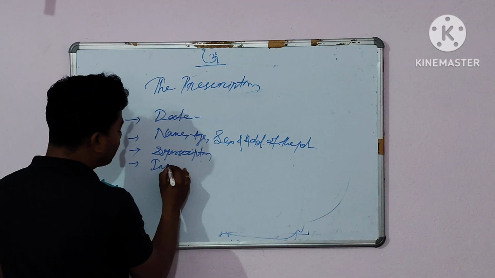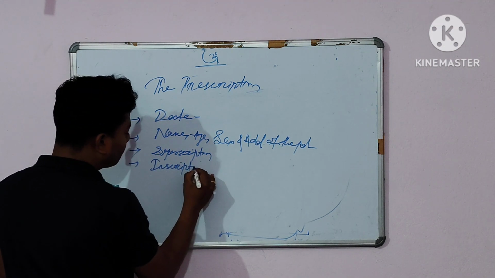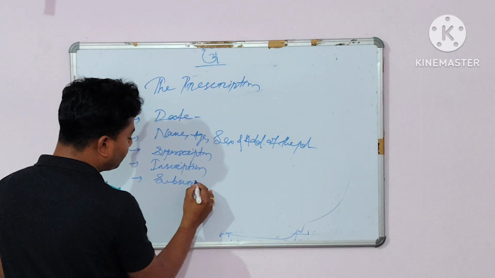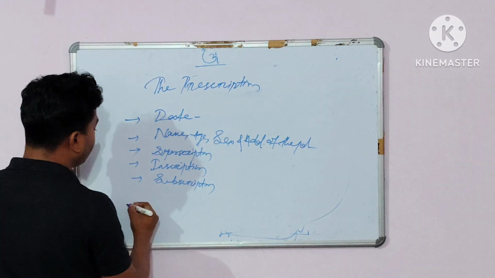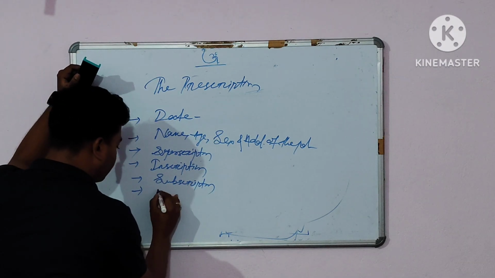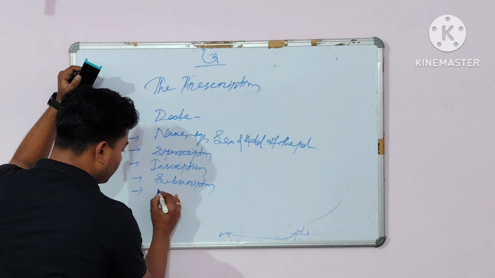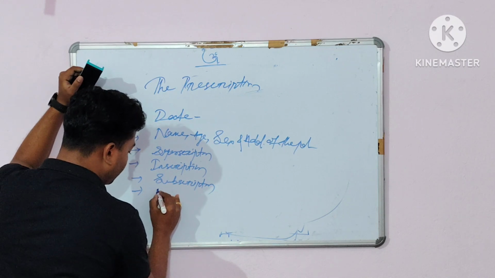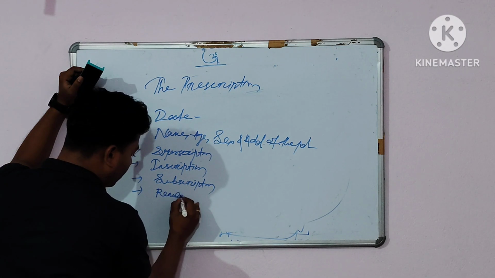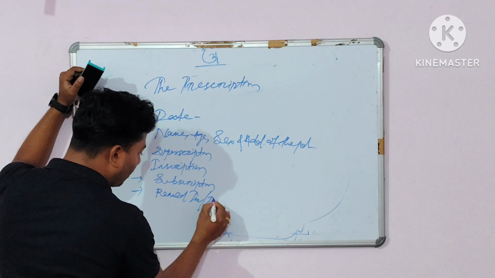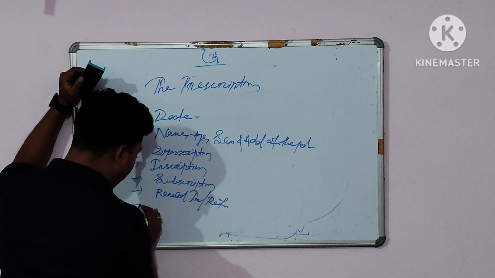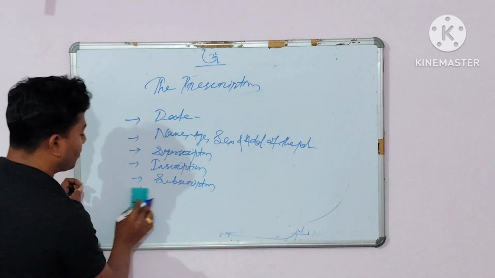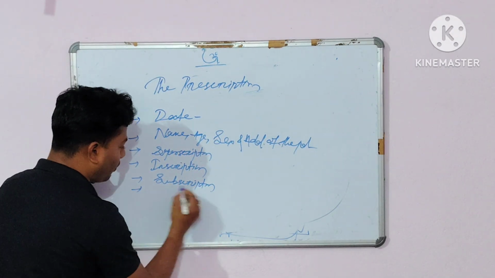Fourth one is inscription. And fifth one is subscription.